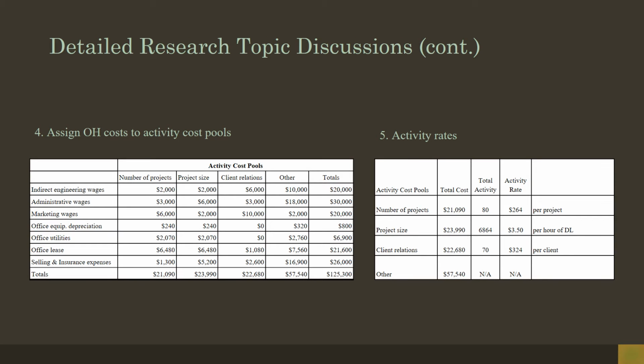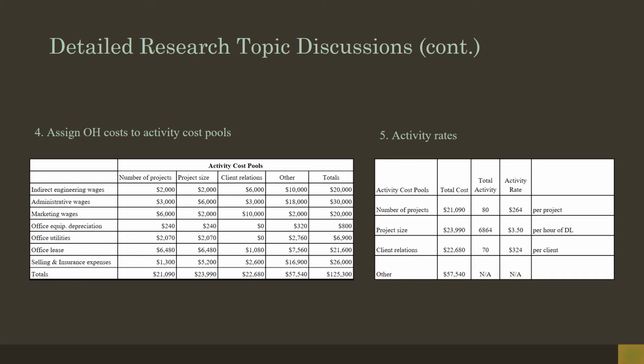Next, the activity rates were calculated. There were some assumptions used to determine the total number of projects that IKE would typically see in a year. That value was chosen to be 80 projects. For project size, the activity was calculated to be 6,864 hours.